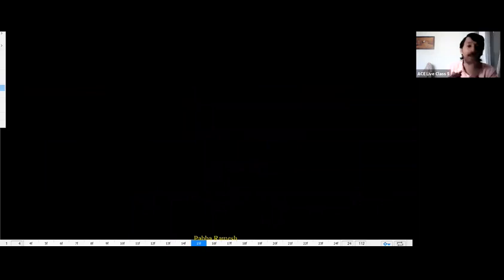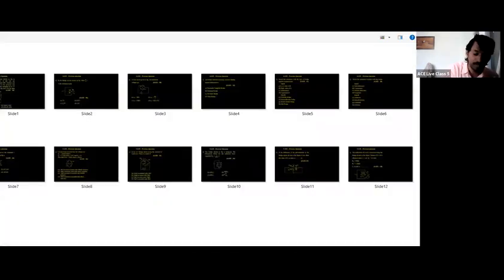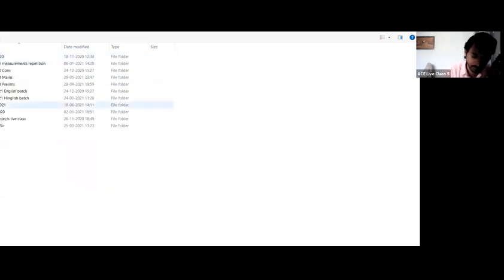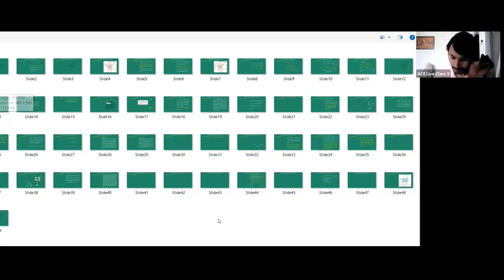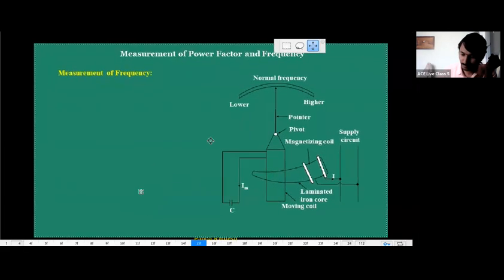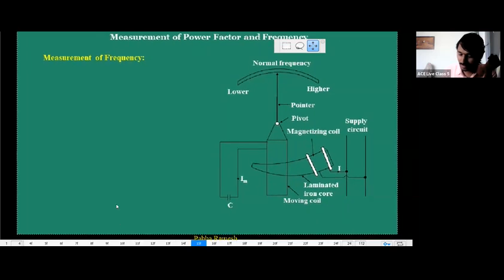Because it is an electrical-based concept, I'm showing the figure, kindly wait for 1 minute. This is the electrical resonance type frequency meter.